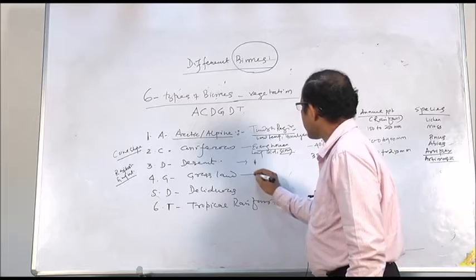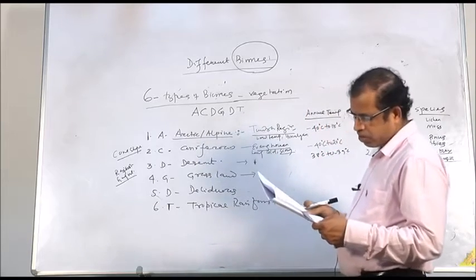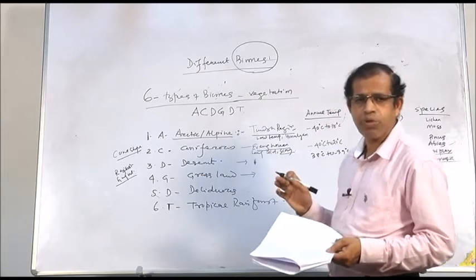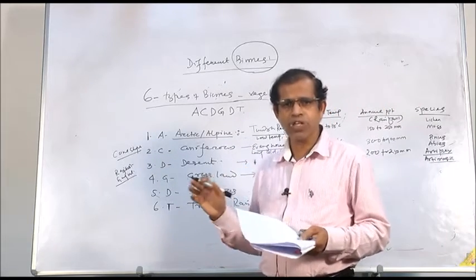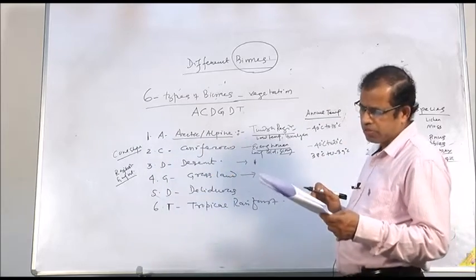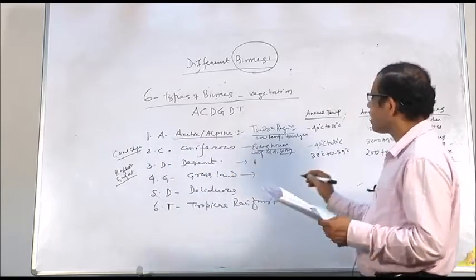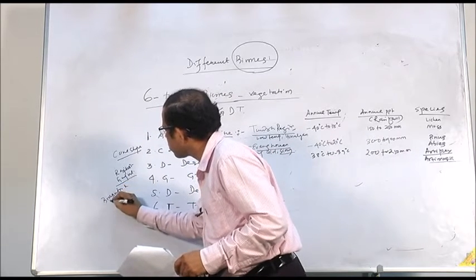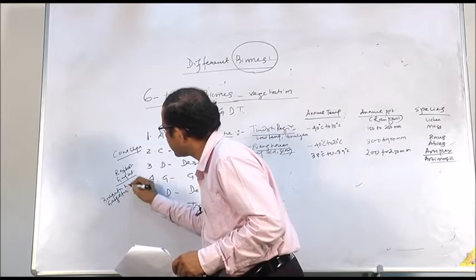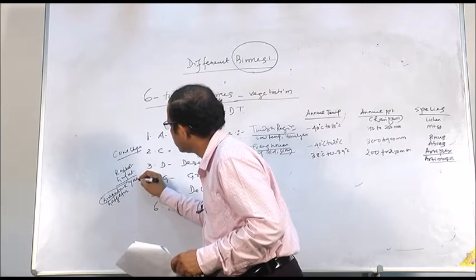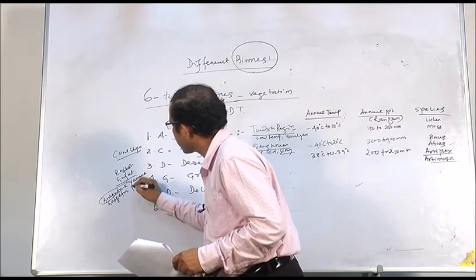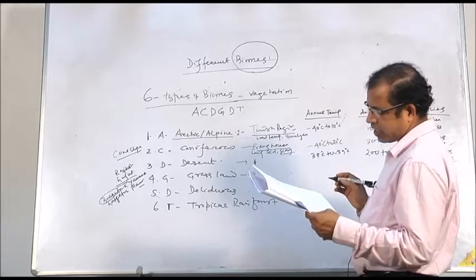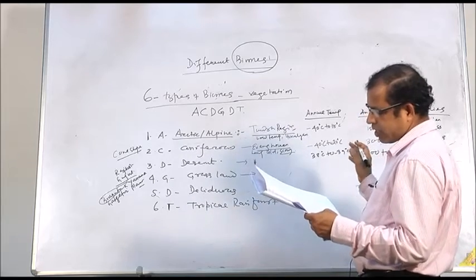If you come to the grassland, which is basically tropical grassland, you must be knowing that it is in the Gangetic and Brahmaputra plain. This sort of biome you will find in the Brahmaputra and Yamuna, the Gangetic plain, where grasslands are available, particularly savanna grass.